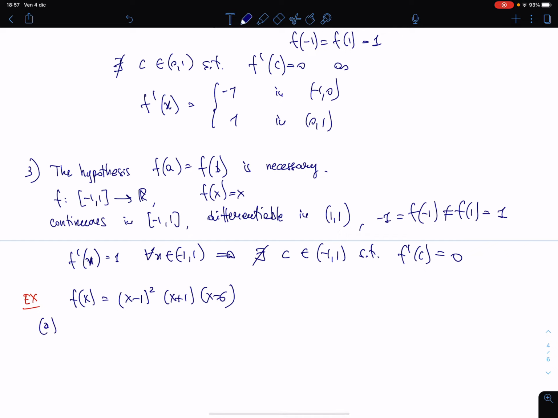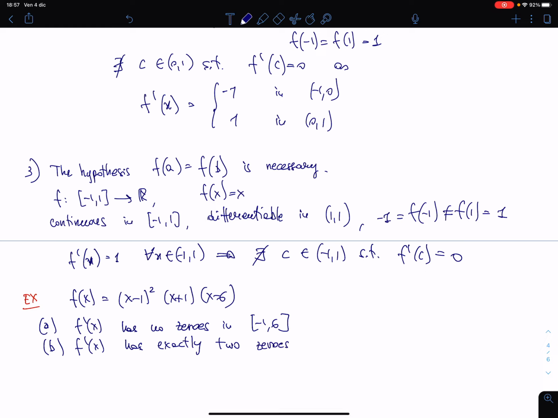At the exam you will have 5, but just to simplify the reasoning: A says f prime of x has no zeros in minus 1, 6. B, f prime of x has exactly 2 zeros in the interval minus 1, 6.